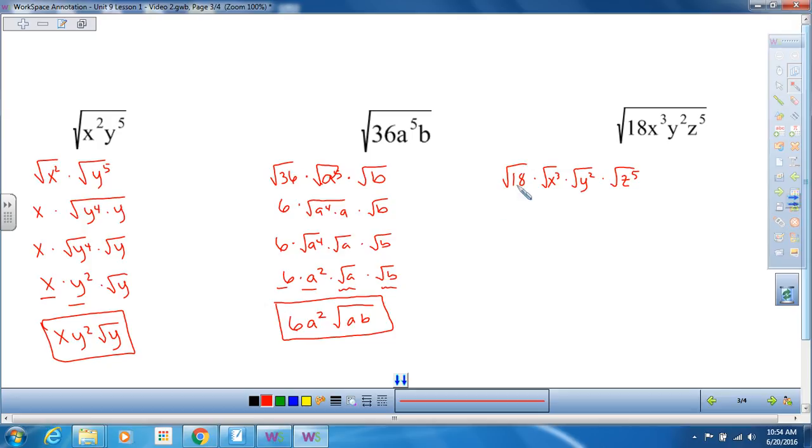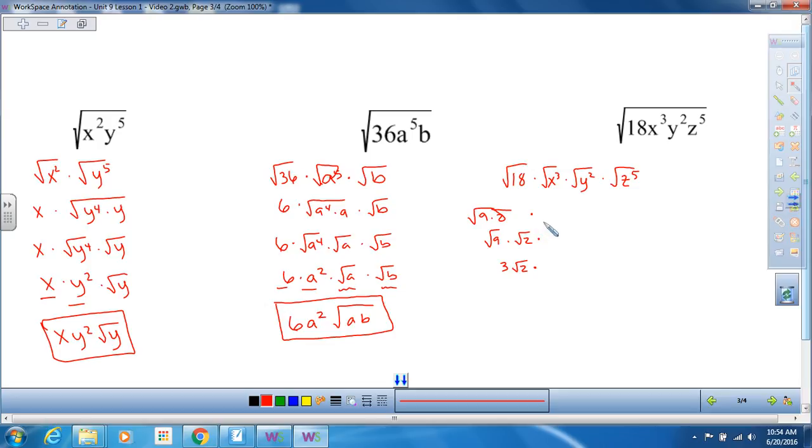It's not in the perfect square list, but it has a perfect square factor. I can simplify it. So I can rewrite square root of 18 as square root of 9 times 2. So then I can separate those, the square root of 9 times square root of 2, which is 3 square root of 2. Okay, so this 18 is done.